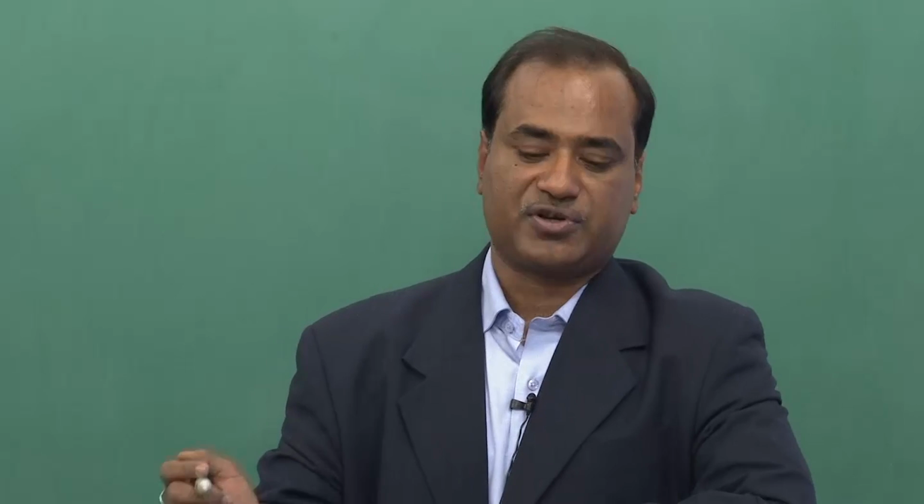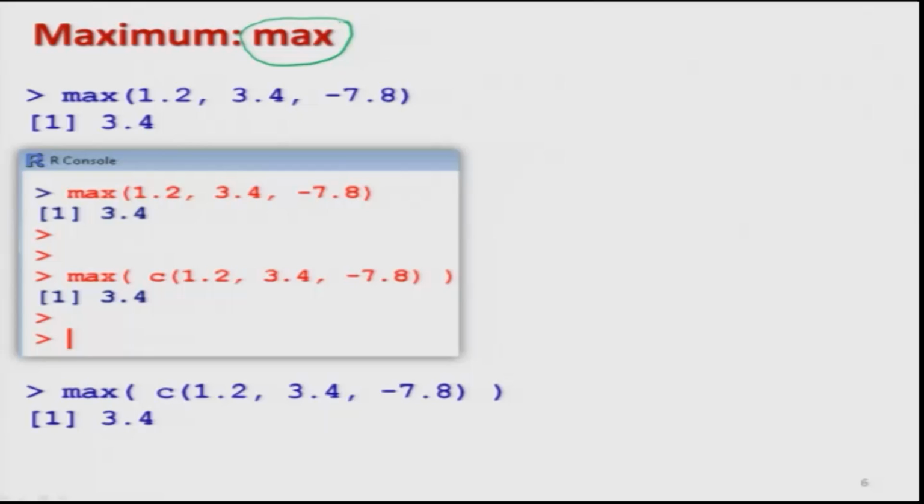So I will try to take one example and show you here. For example, I am trying to take 3 values 1.2, 3.4 and minus 7.8, right. And when I operate the function max here, I write all these values inside the bracket, and inside the bracket all the values will be written separated by a comma.